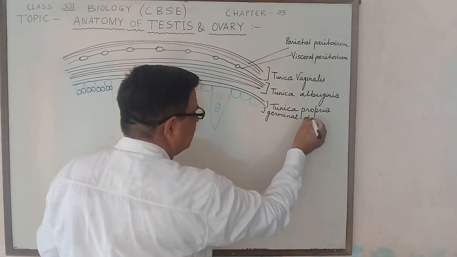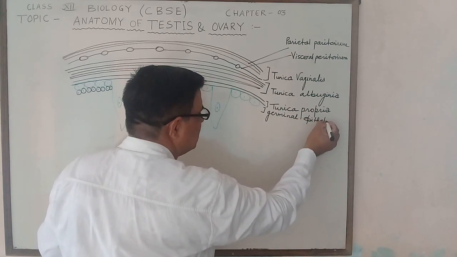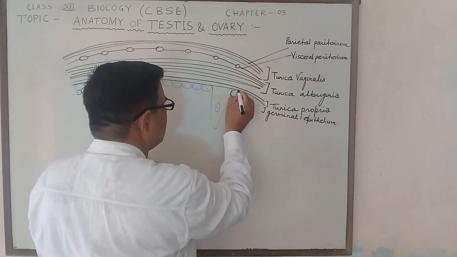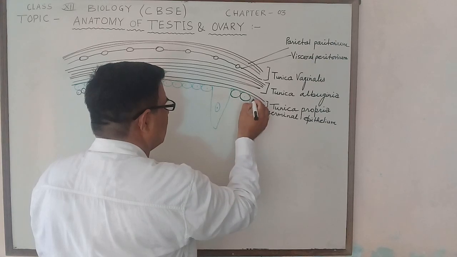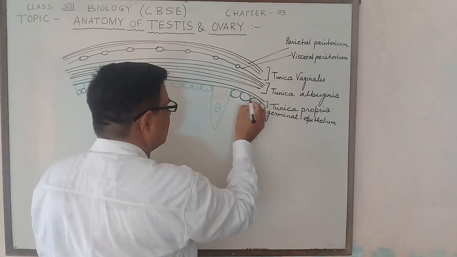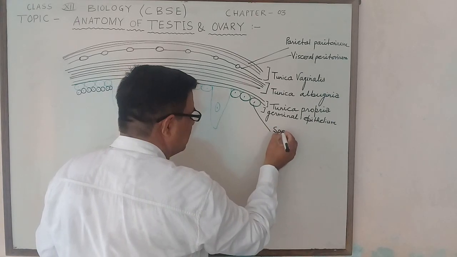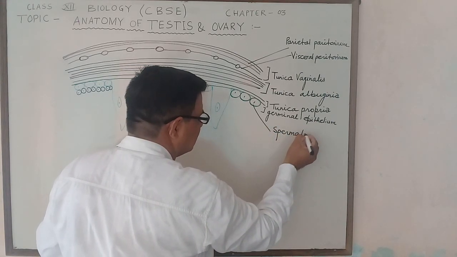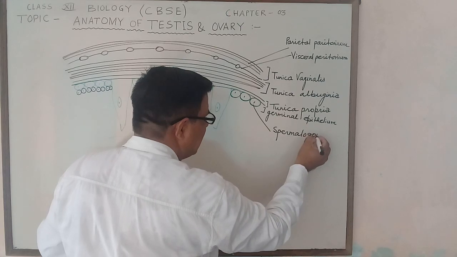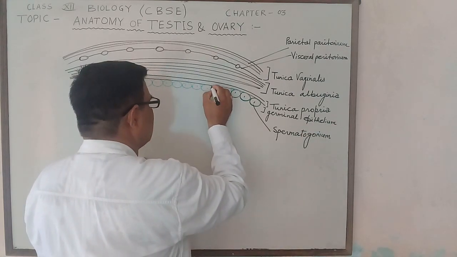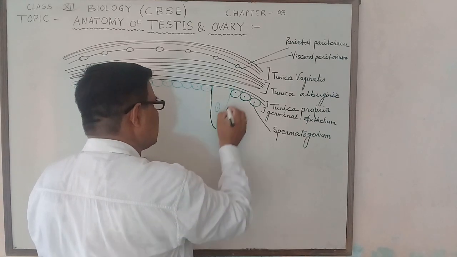The germinal epithelium has small size cells called spermatogonium, and large size cells called Sertoli cells.